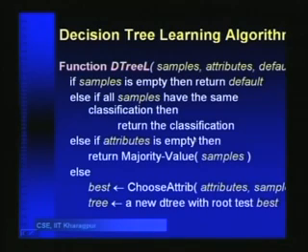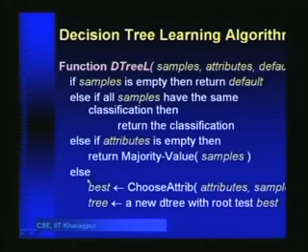So if you have all yeses, then return yes, if you have all no's, then return no. Otherwise, if attributes is empty, if there are no other attributes to split the set of samples, then return the majority value among the samples. So, if we have 5 no's and 3 yeses, then return no.